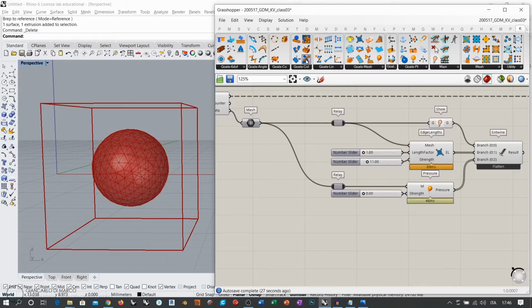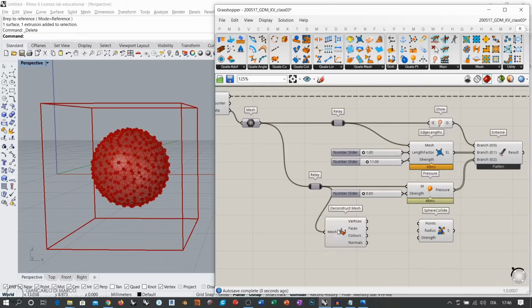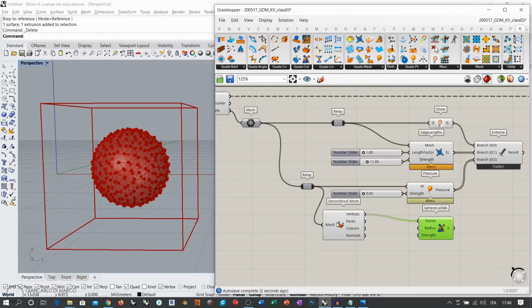So we must use the sphere collide in this case. So I would take the original mesh, deconstruct this mesh in order to have access to the vertices, and use these vertices as colliders in our sphere collide.